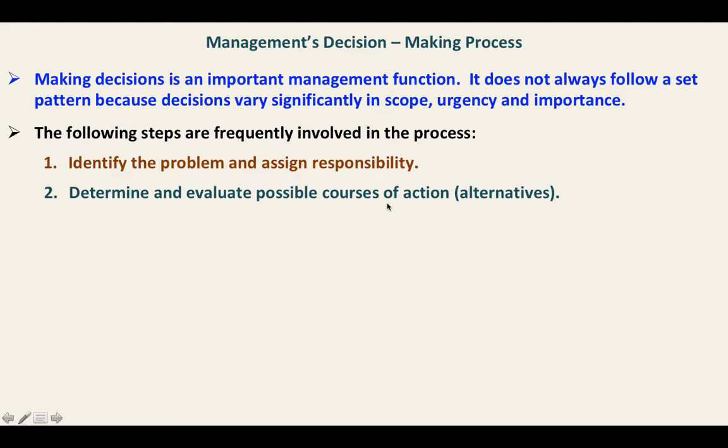So you have to determine the alternatives for this problem. Third, you have to make a decision. Of course, the decision will be which alternative is best. And lastly, review results of the decision.